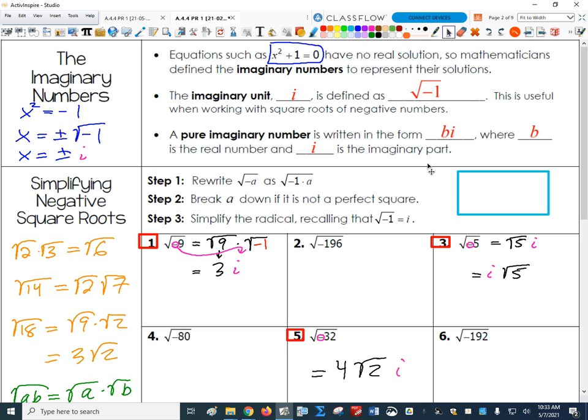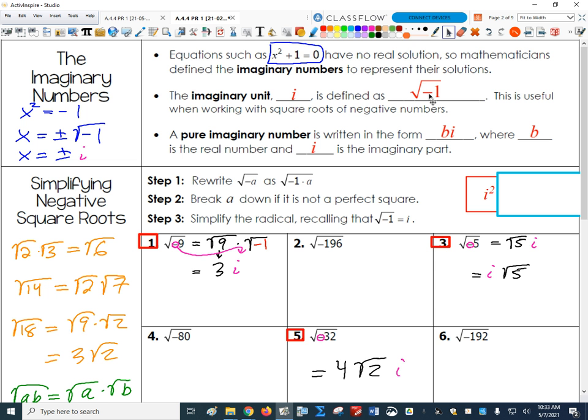Okay, so what's going to happen if I calculate i squared? If i is equal to the square root of -1, what's i squared equal to? What happens if I square a square root? What does squaring a square root do to the square root?